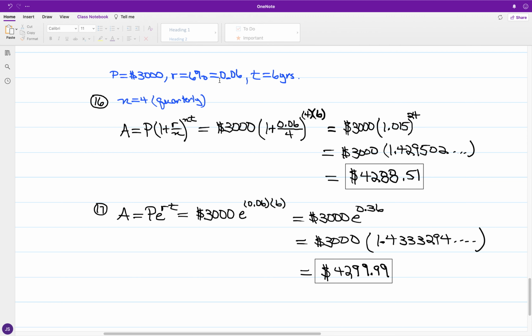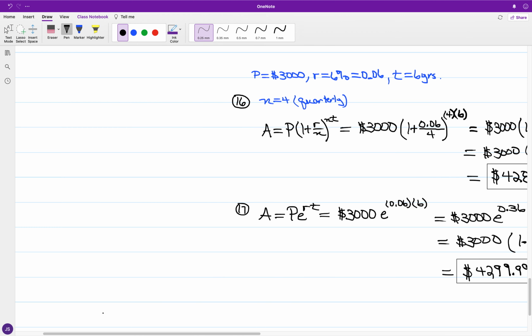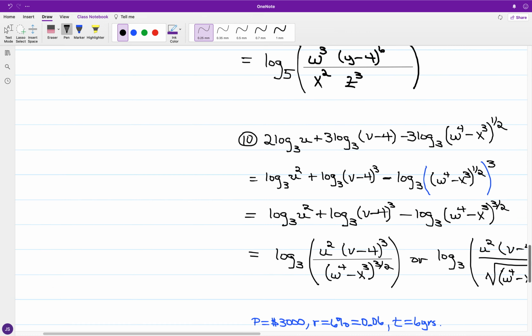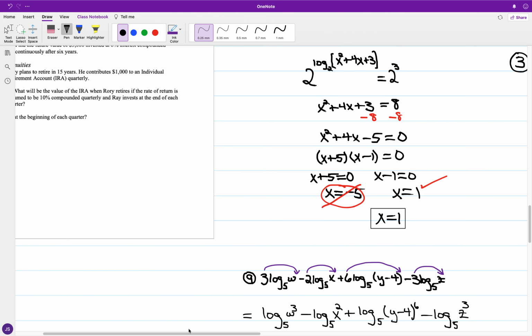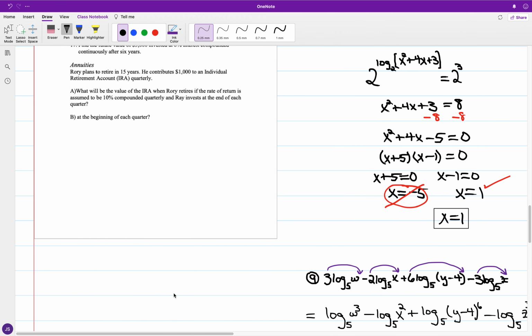All right, now touching upon annuities, we have Rory, who is looking at retiring in 15 years.